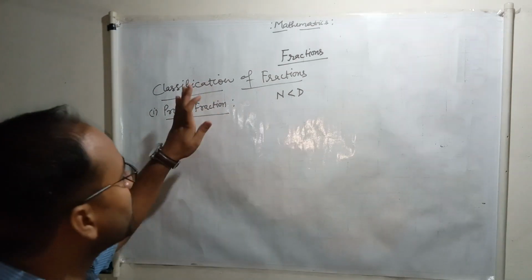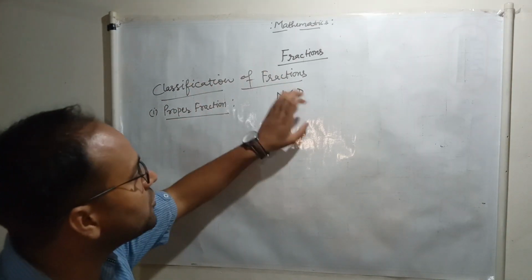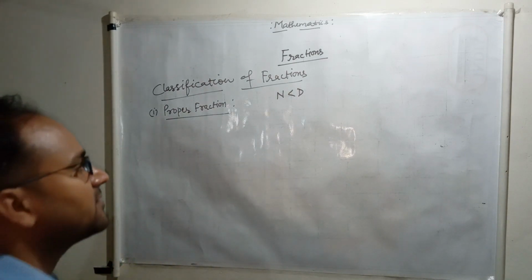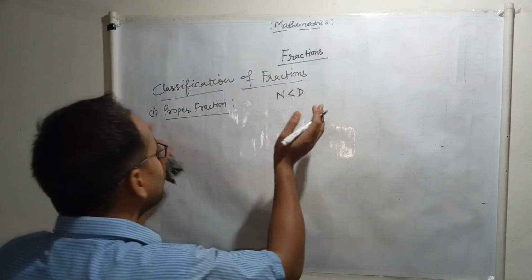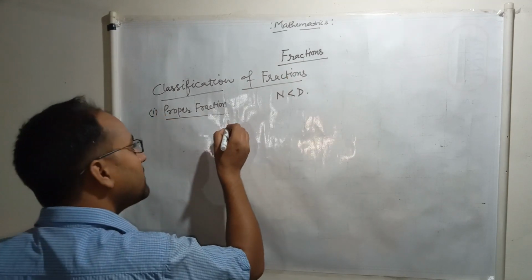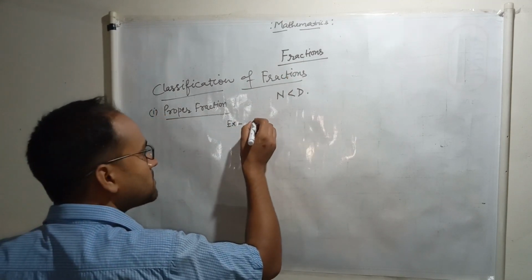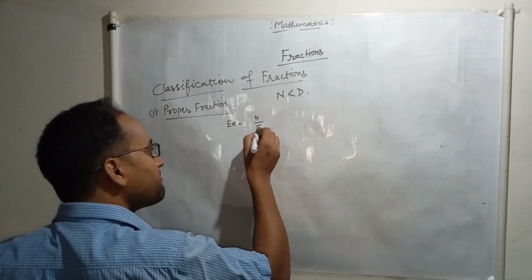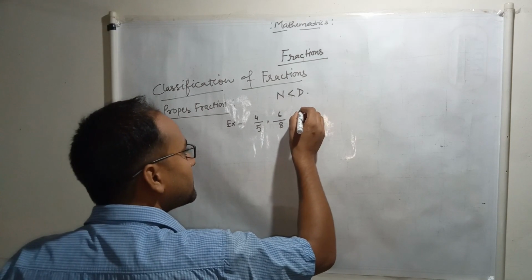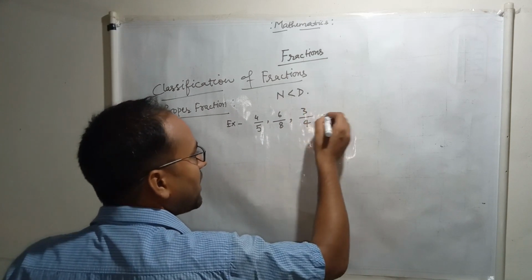Listen students, a proper fraction is one whose numerator is always less than its denominator. For example, 4 upon 5, 6 upon 8, 3 upon 4, and so on.